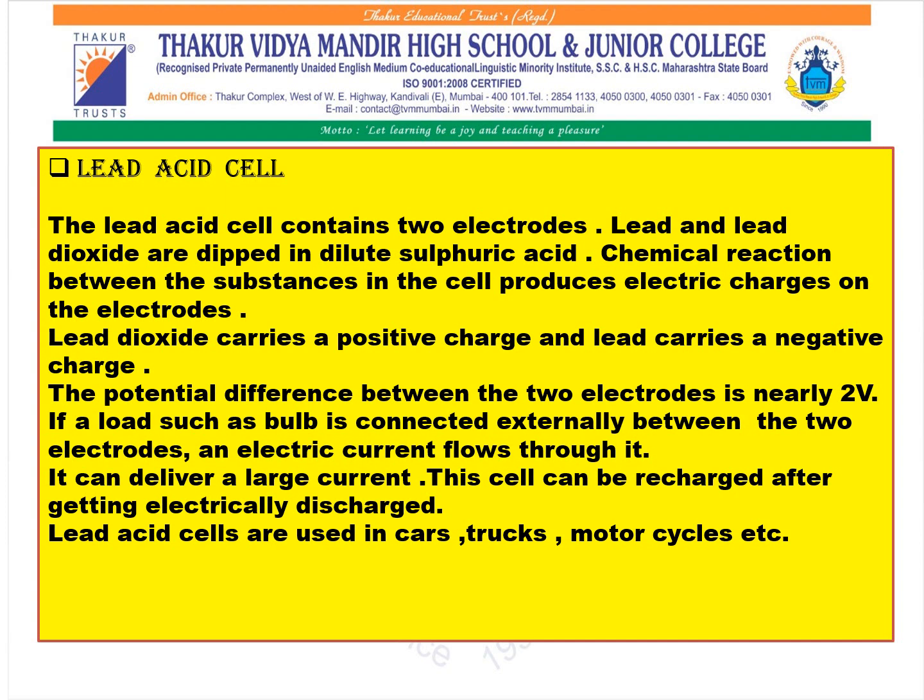The potential difference between the two electrodes is nearly 2 V. This lead acid cell can deliver a large current, and it can also be recharged after getting electrically discharged. Lead acid cells are used in cars, trucks, motorcycles, etc.